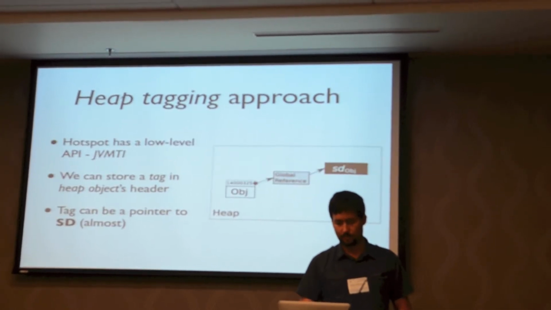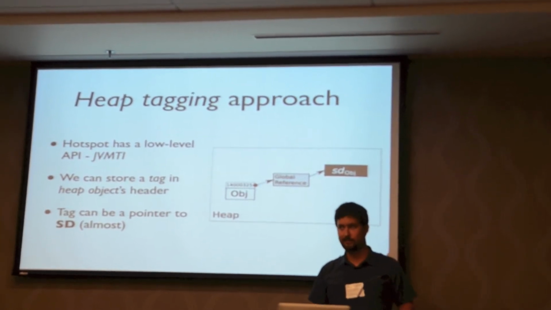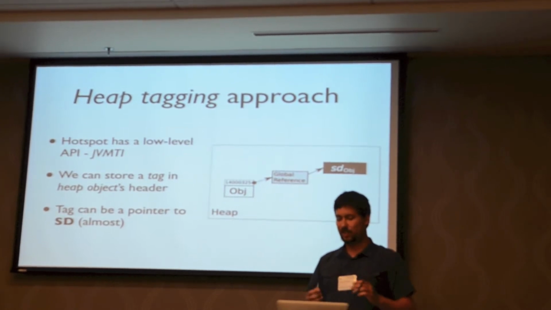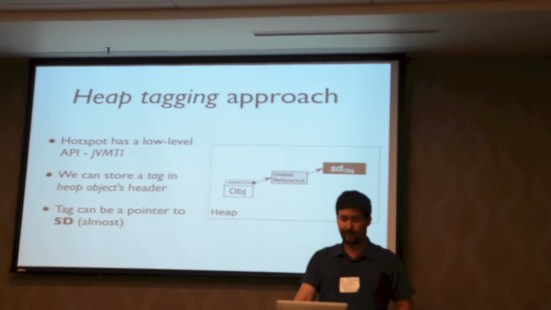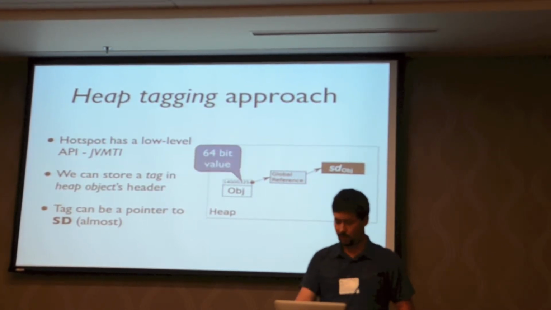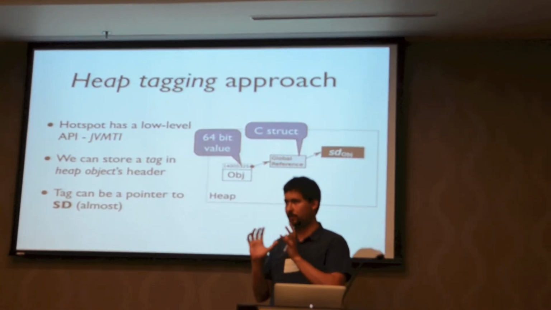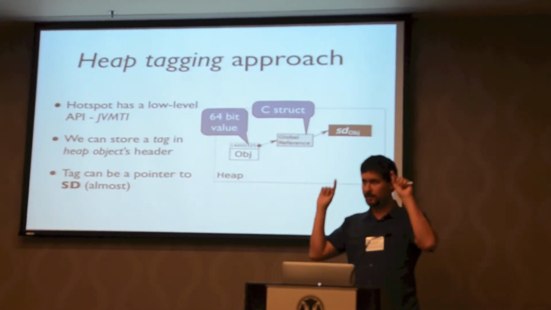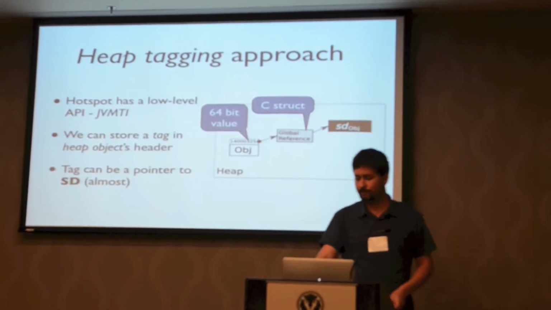Now for the last approach, there is a special secret API, or a secret but special API, in the JVM TI that allows you to store a numeric value in the object's header and retrieve it. Now this is a 64-bit value, whatever, and we can just create a global reference to our shadow data in the native code, cast this to a 64-bit value, and store this as the tag in the object's header.